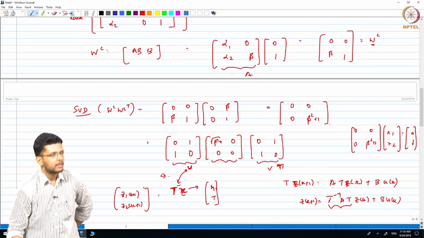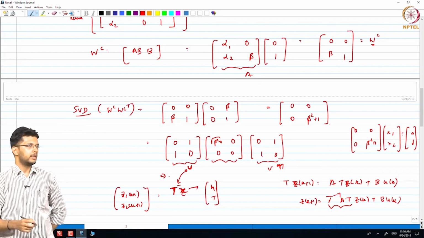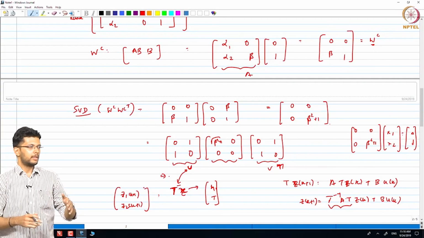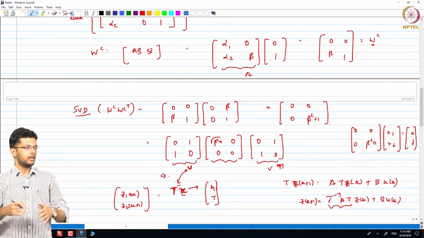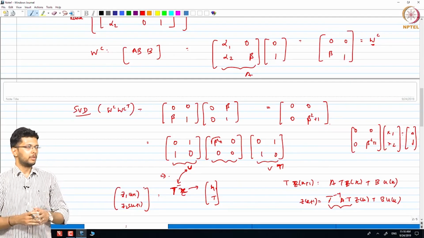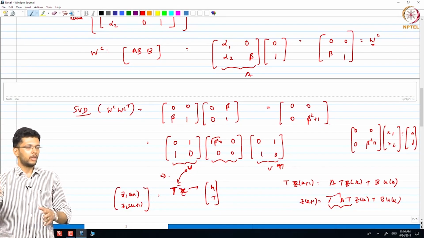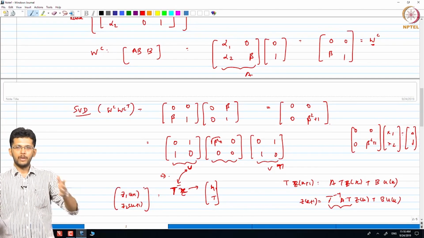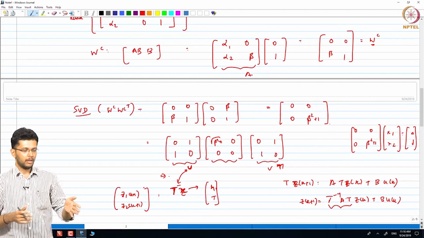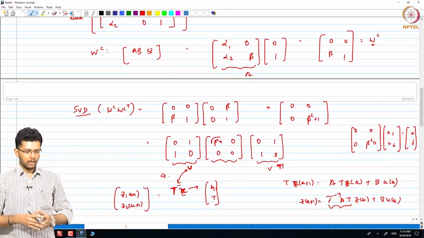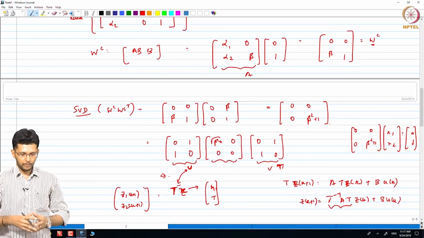This concept is very important when you consider a complex system where you have more than say 3 or 4 states and multiple inputs. How can you be sure that the input you apply would actually affect a particular state? This is an easy way to compute whether your system is reachable or not.